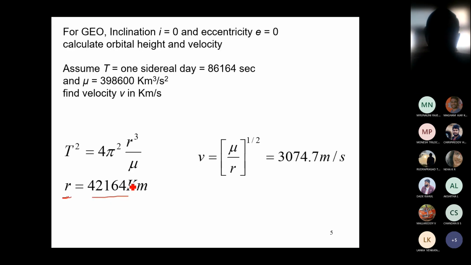Okay, and similarly, the velocity. You know that mu is a constant value. So if you put the value of r, then you can find out the velocity. So this represents the velocity at which the satellite is moving at an orbital height of 42,164 kilometers, and the orbit is a circular orbit.